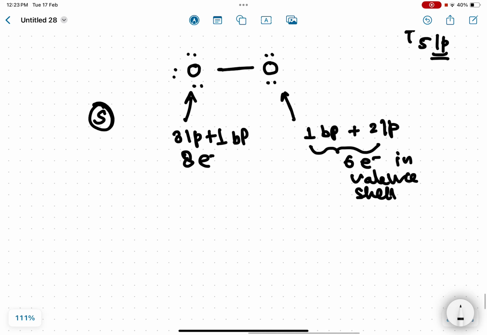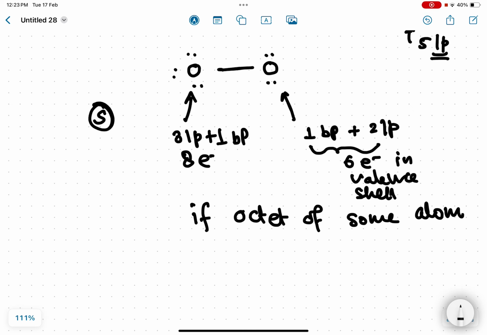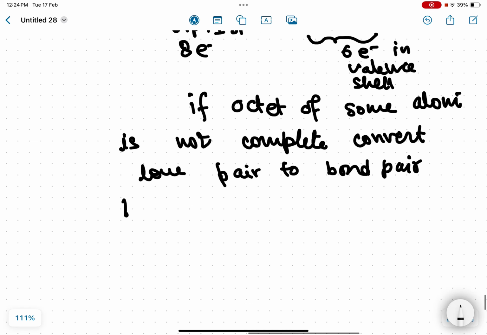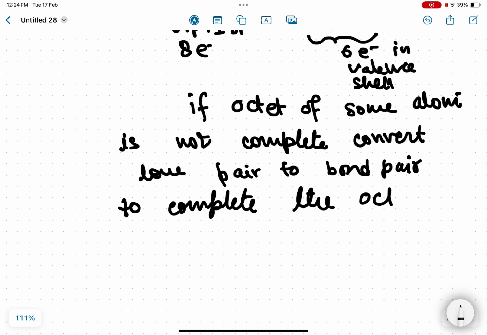Now, the extension of the fifth rule: if the octet of some atom is not complete, convert a lone pair to a bond pair to complete the octet.